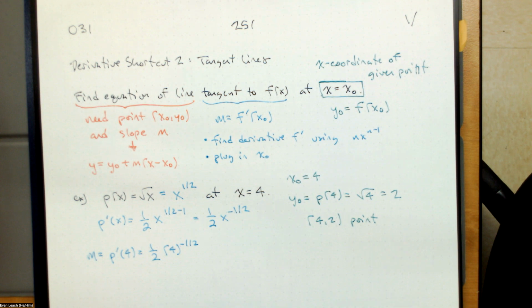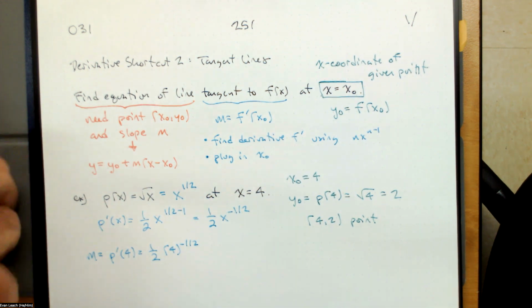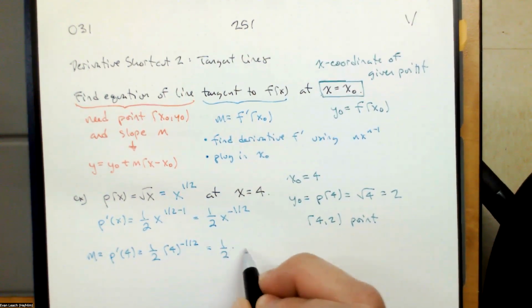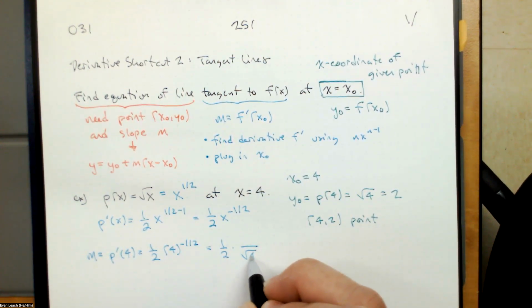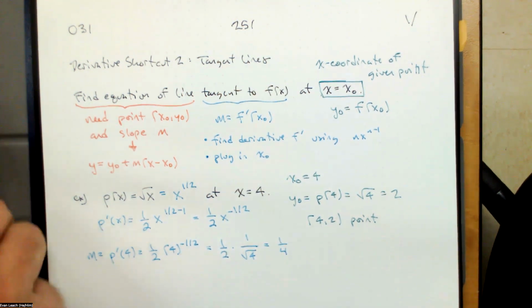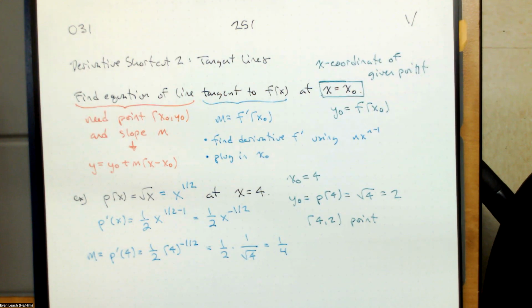A negative exponent will be positive in the denominator. And the 1/2 power is a square root. So 4 to the negative 1/2 will be 1 over the square root of 4, which is 1/2, so 1/2 times 1/2 is 1/4. So now we have the slope.